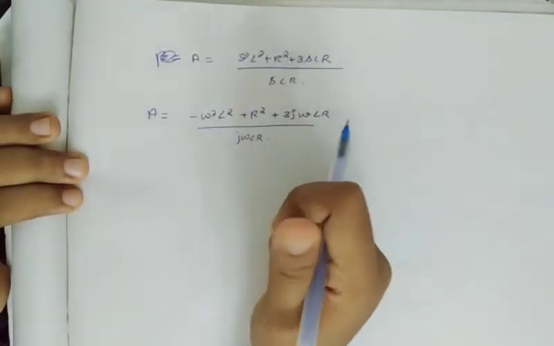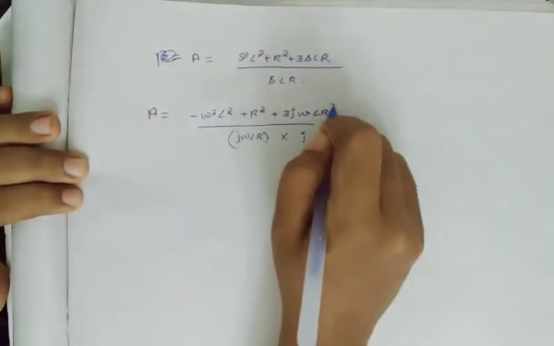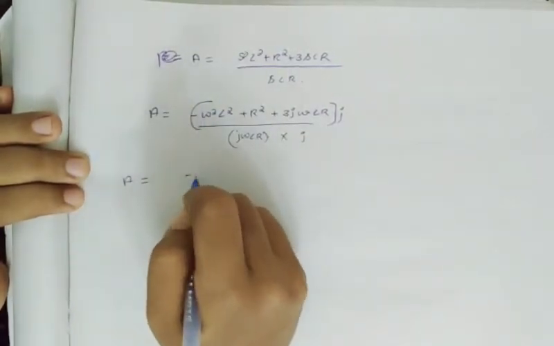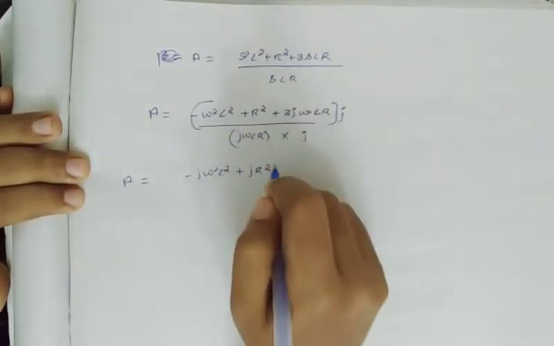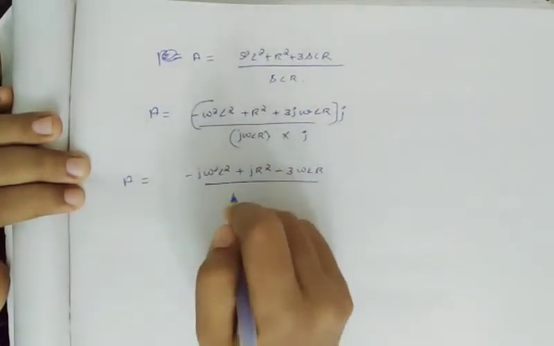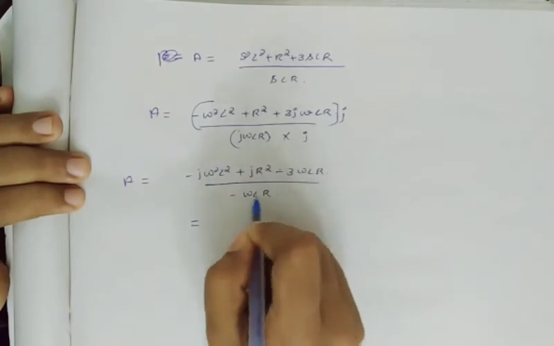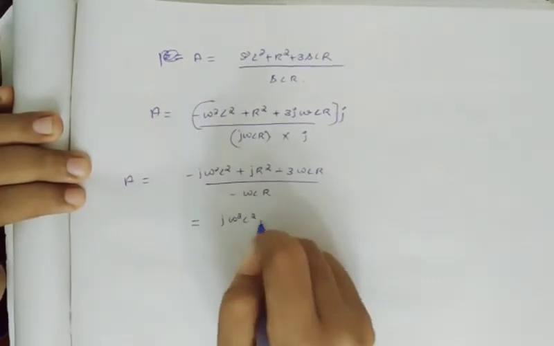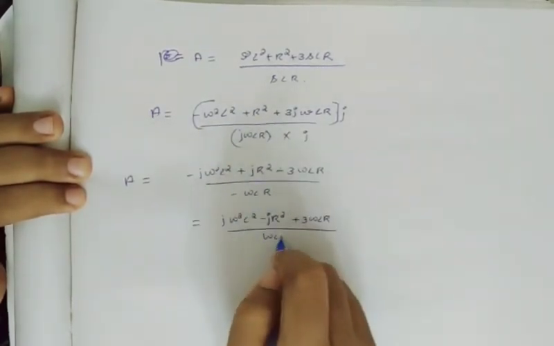Okay. And now I'll just multiply J on numerator and denominator. I'll get minus J omega square L square plus J R minus 3 omega LR whole divided by minus omega LR. Okay. And taking negative outside on both numerator and denominator, we will get J omega square L square minus J R plus 3 omega LR divided by omega LR.